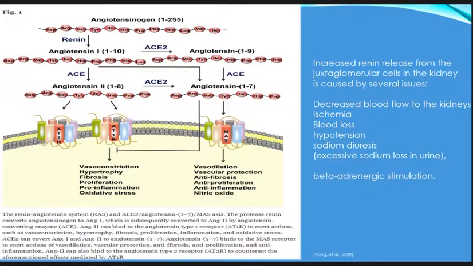As you can see here, angiotensin 1 causes vasoconstriction, hypertrophy, fibrosis, proliferation, pro-inflammation, and oxidative stress. Angiotensin 2 causes vasodilation, vascular protection, anti-fibrosis, anti-proliferation, anti-inflammation, and nitric oxide.